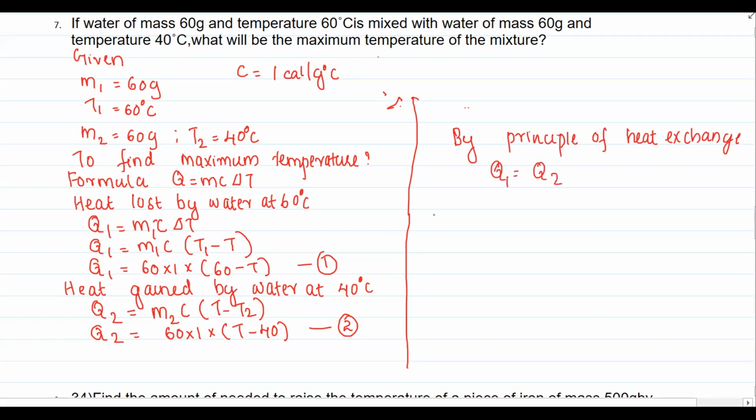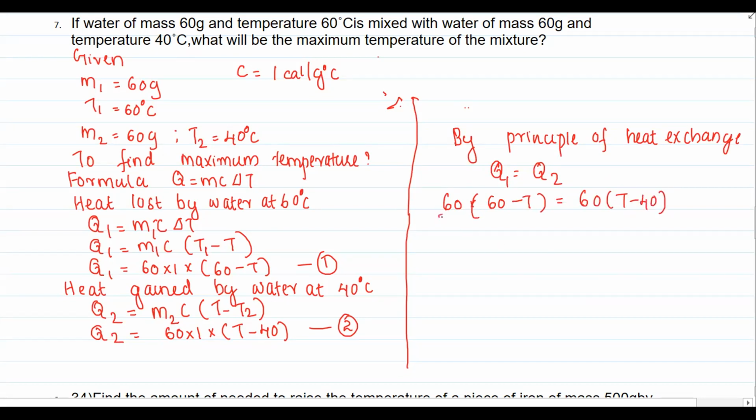Q1 is equal to Q2. What is Q1? 60 into 1 is 60 only. 60 into 60 minus T is equal to 60 into T minus 40 will come.